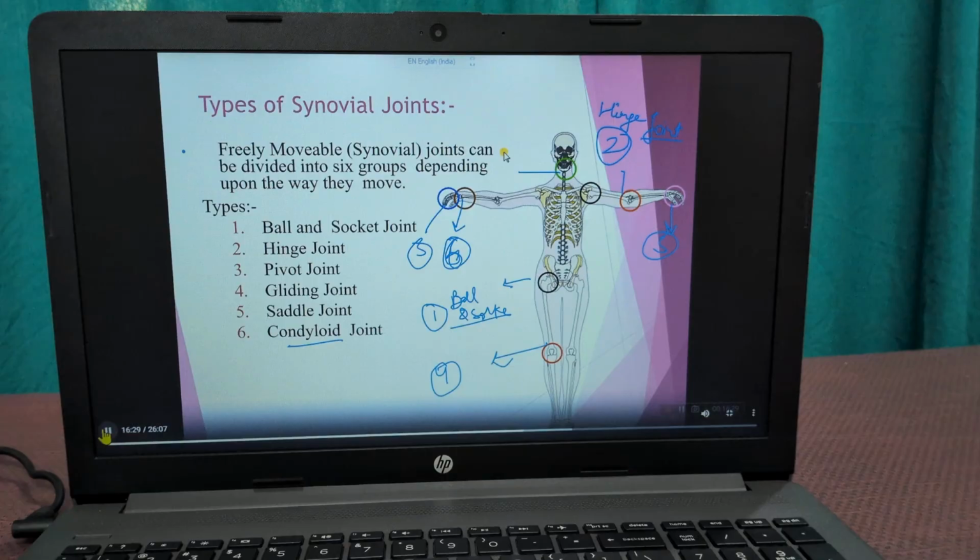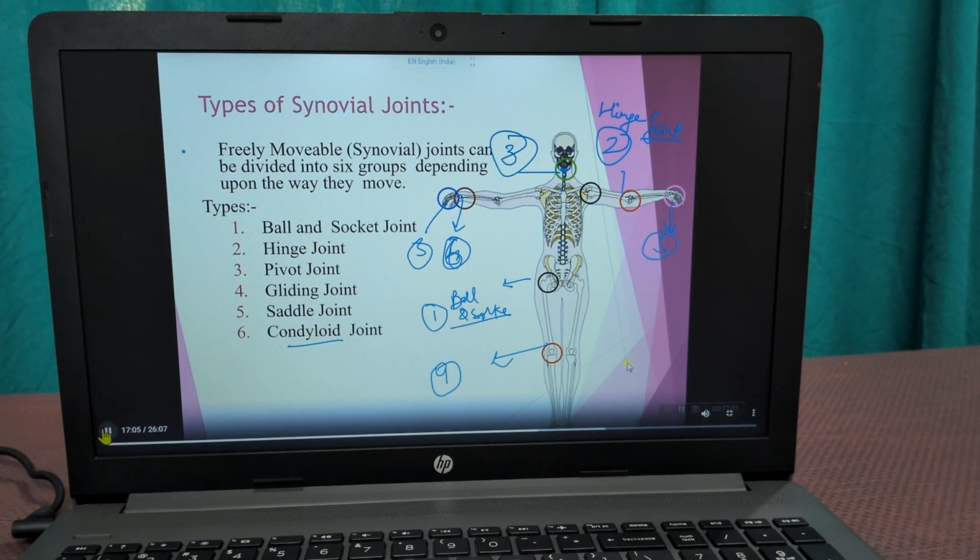And the remaining is the pivot joint. The joint which is present between the neck and the ribs is the pivot joint, number 3. Ball and socket joints are present in the pubic bone. The hinge joint is between the humerus and the ulna. And the pivot joint is between the neck and the thoracic cage.